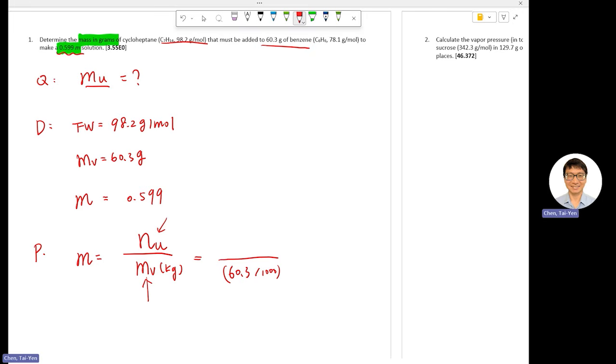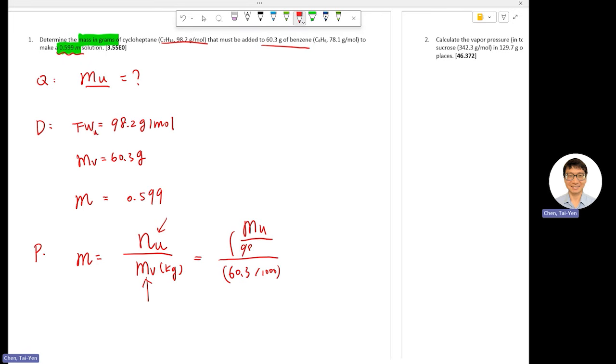Do you have the moles of your solute? You don't, but do you know the definition? Yes. The moles of your solute can be defined as the mass of your solute divided by the formula weight of your solute. Do you know the formula weight of your solute?